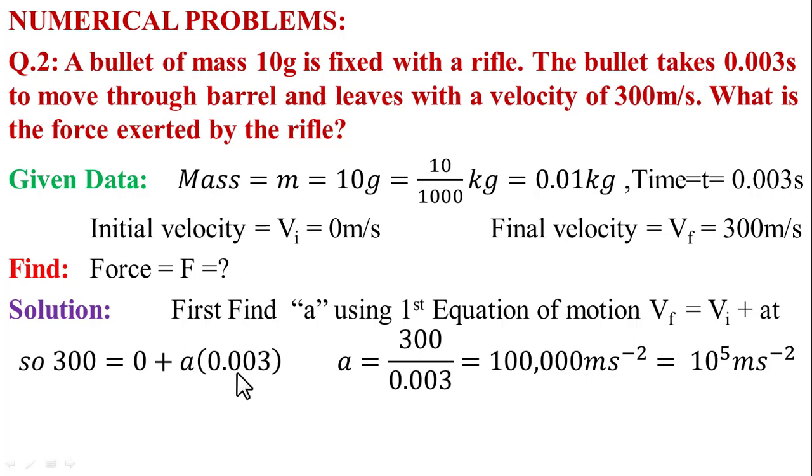Here 0.003 is multiplied with acceleration, on the other side it will be divided. So acceleration A is equal to 300 divided by 0.003, that is equal to 100,000 meters per second square, that is equal to 10 raised to power 5 meters per second square. So the value of acceleration A is equal to 10 raised to power 5 meters per second square.